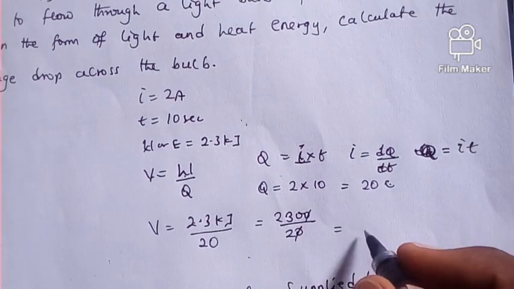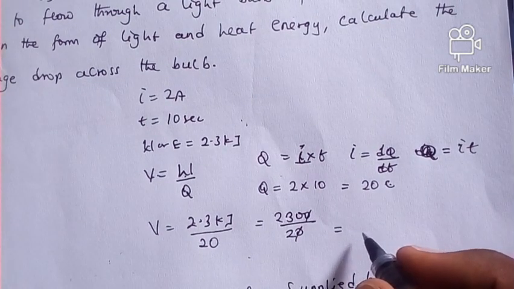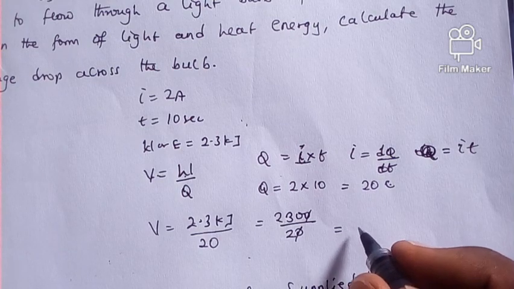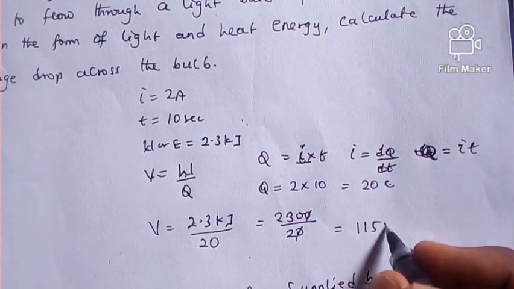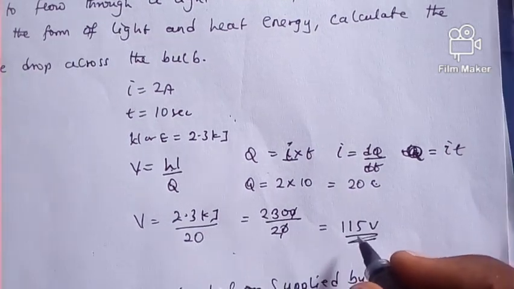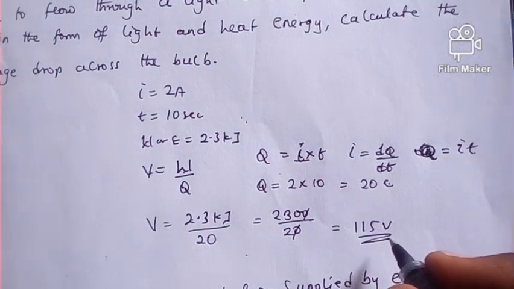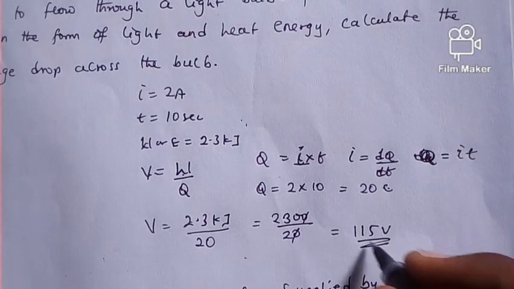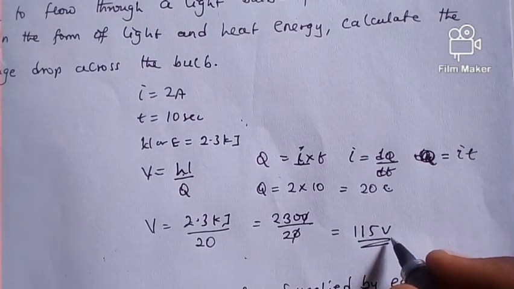If I punch that on the calculator, that is 115 volts. So the potential difference dropped across the bulb is 115 volts.